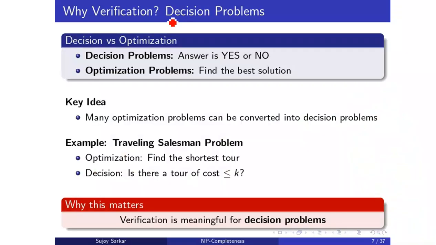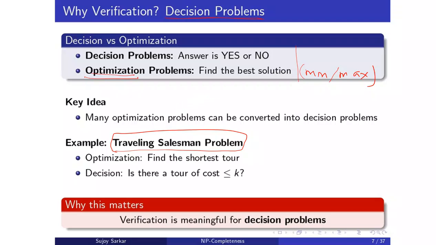One more concept that we need to understand is the decision problem. So far we have seen optimization problems, where we are asked to find the minimum or maximum for a certain problem. For example, the traveling salesman problem.